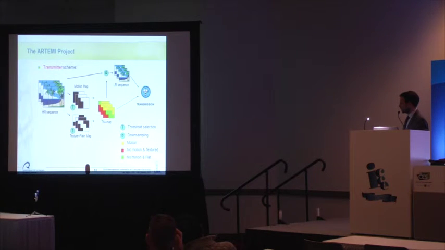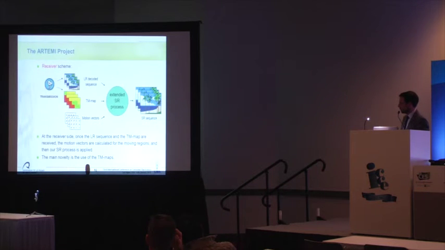In this one, we say that we have motion, and in the other two, we don't have motion, but we can have texture, or we can say that this region is flat. Okay? Let's try to explain this. With this information and the motion vectors, we can then apply the SuperResolution process. And the main novelty in this case is the TM maps. Okay?